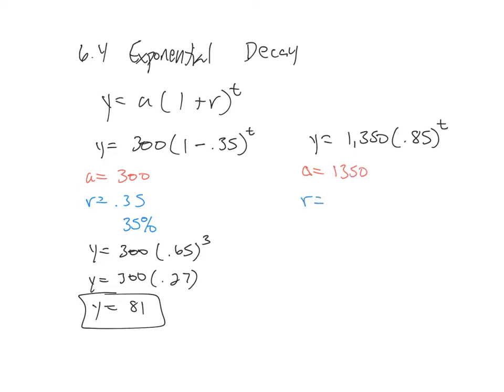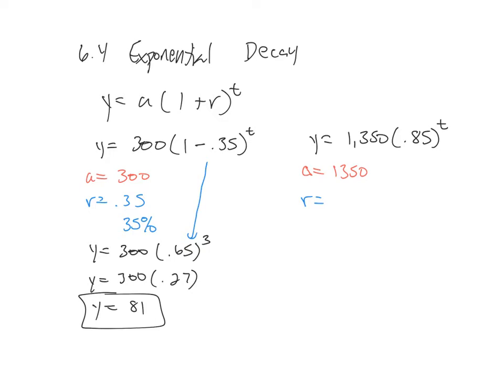And then for the rate, when it's combined like that, like 0.85, this one was 1 minus 0.35, so you get 0.65.